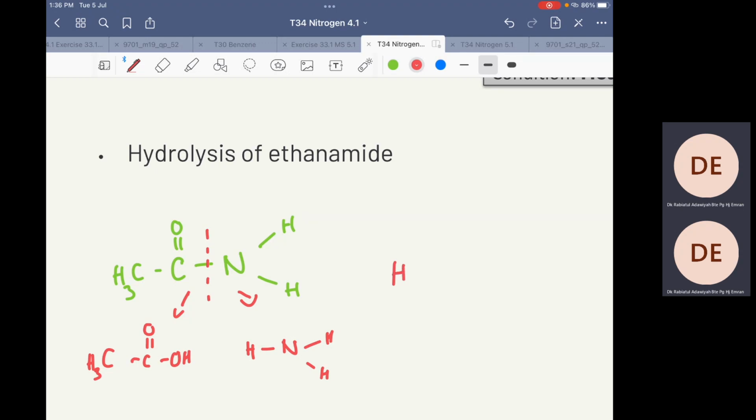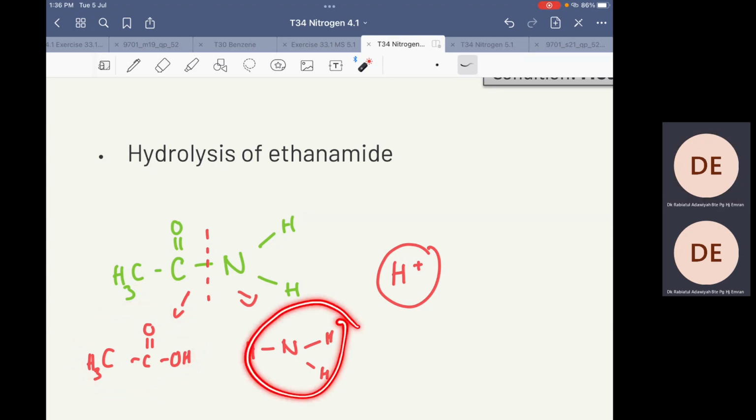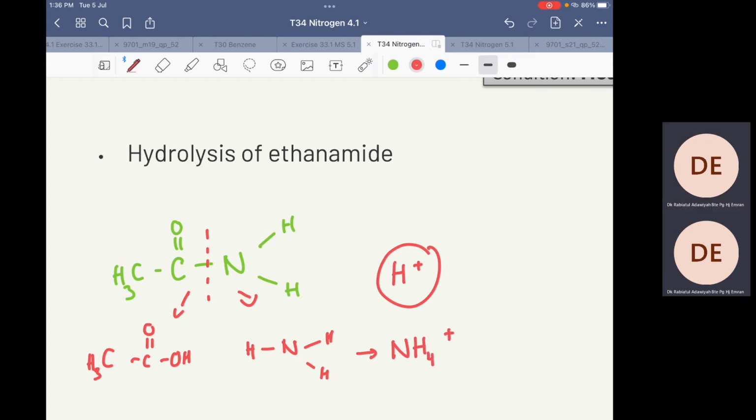Now, you are in acidic condition. Will your acid react with the ethanoic acid? Will your acid react with ammonia in this case? It's ammonia, yes? So NH3 reacts with H plus to form NH4 plus.